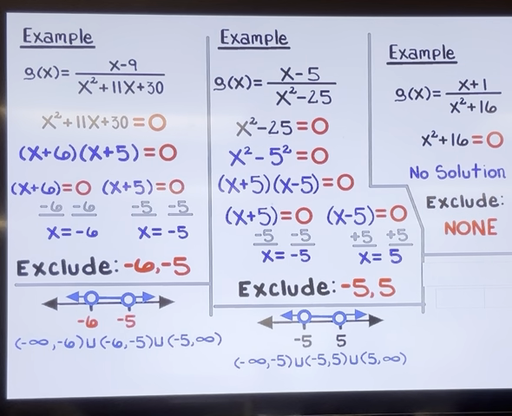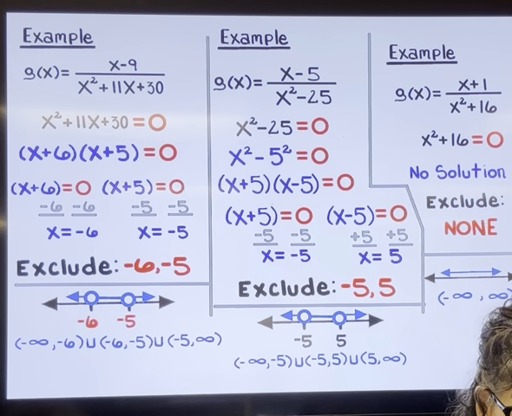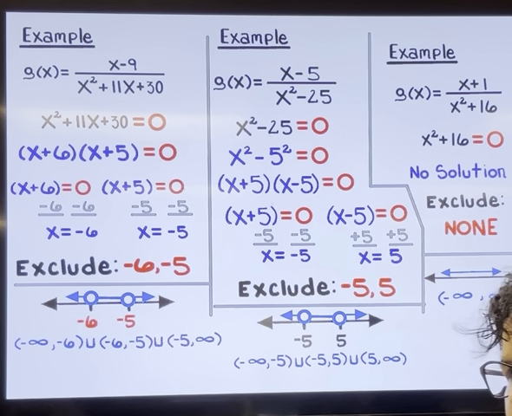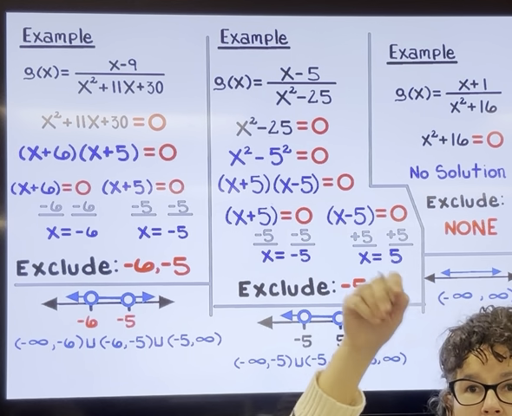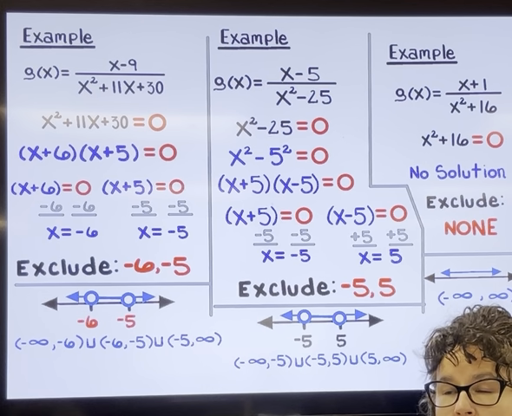There's no numbers that will make me divide by 0. If I'm not going to exclude any, then I can use everything. In interval notation, using everything on the number line would be negative infinity through positive infinity. If it hadn't asked me for interval notation, I could make a fancy capital R for all real numbers, which is also the same thing.